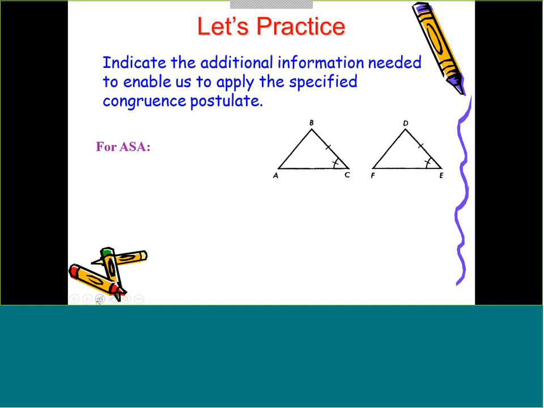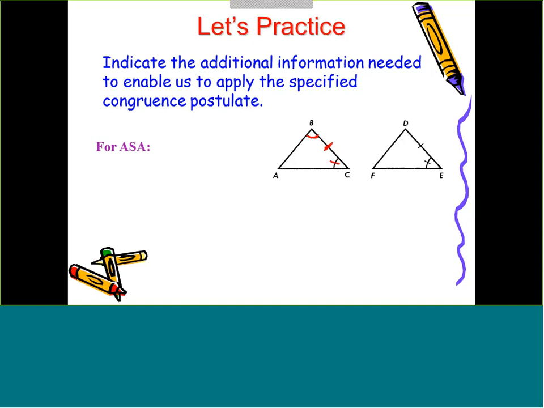Indicate the additional information needed. So if I want angle, side, angle, I have a side, I have the included angle, but we're looking for an included side on this one. So that means that I would actually need this angle up here because the side is what's included.